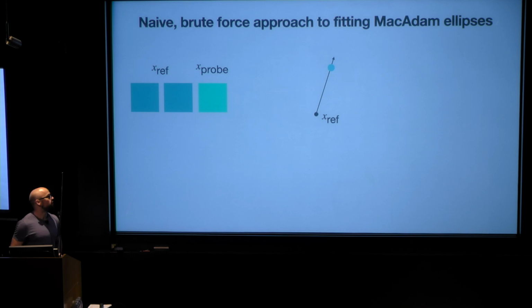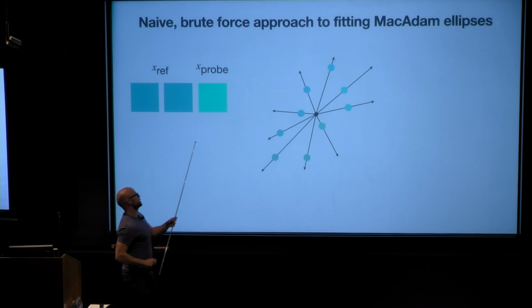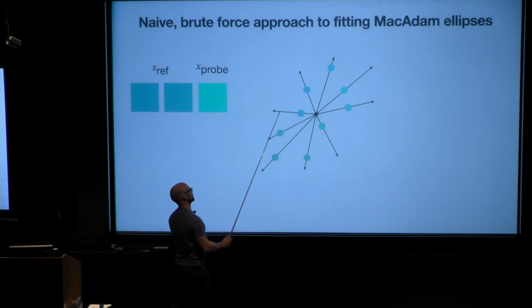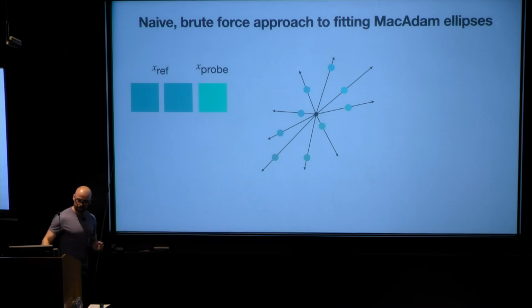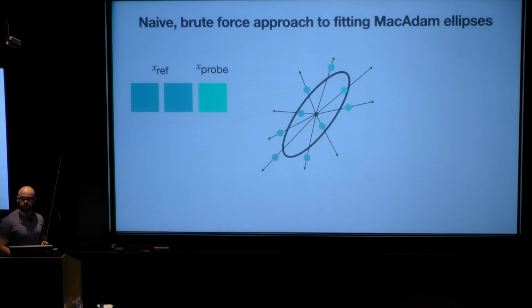Okay, so I would fit that, and then I would look at a new direction in color space, and I would determine the threshold in that direction. And then I would do a third direction, and then et cetera, et cetera. I build up an estimate of what the local color discrimination is, and then I would fit an ellipse to these points. This is more or less how MacAdam did this with others back in the 1930s.